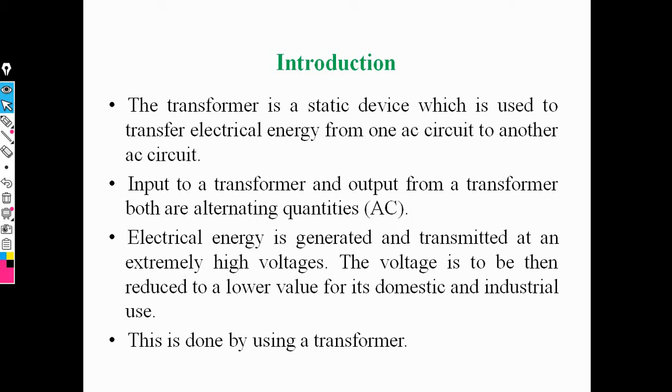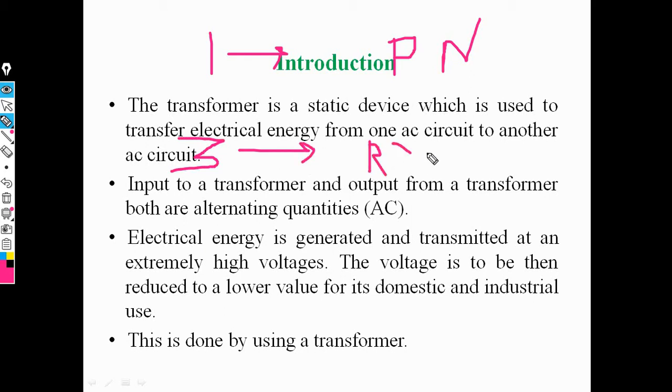What is the difference between them? A single phase transformer consists of only phase and neutral, but a three phase transformer consists of three phases, that is R, Y, B and neutral.